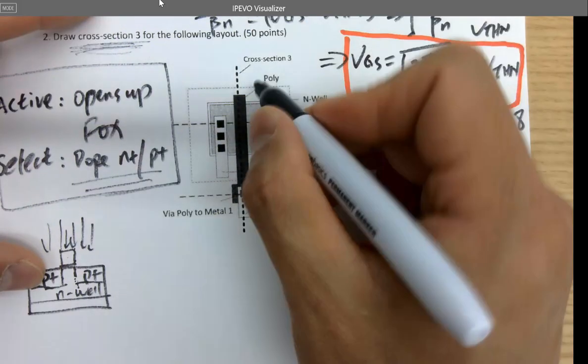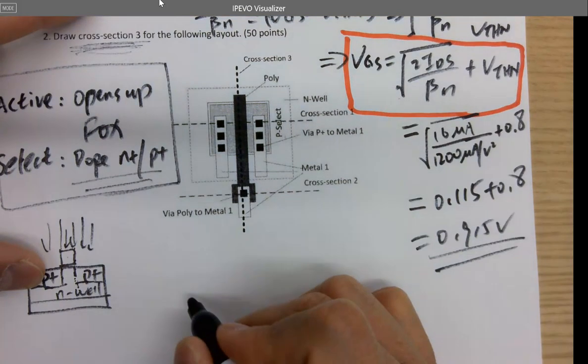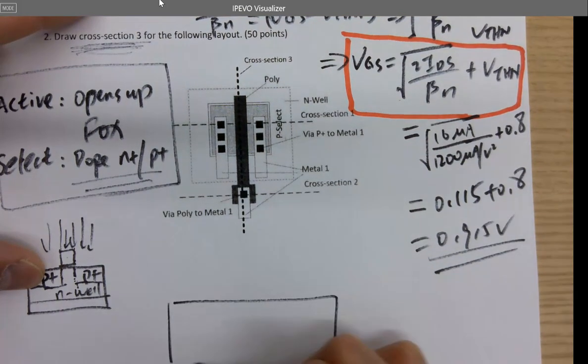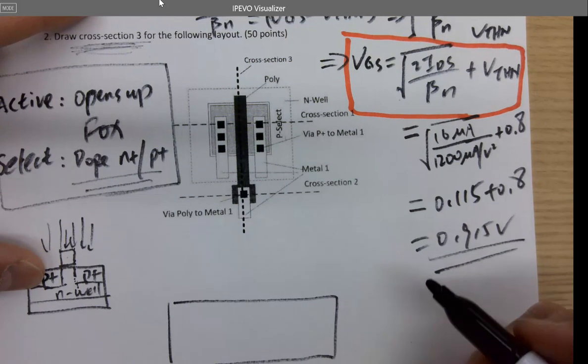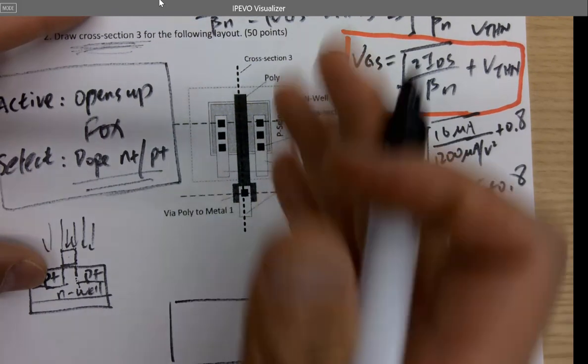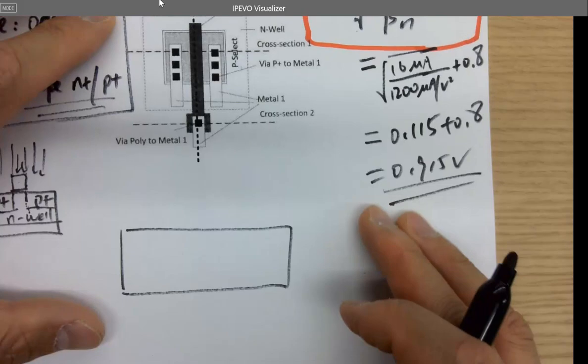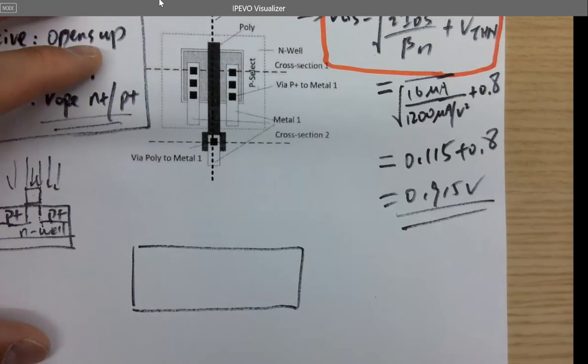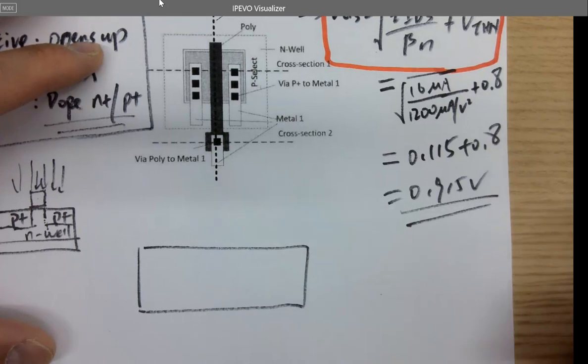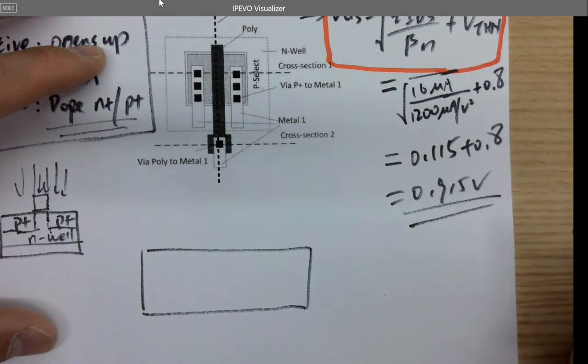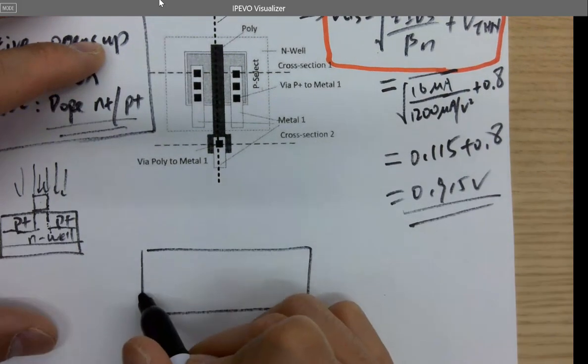So let's draw this cross section 3. We got a substrate first, okay? So we cut it and then we look from the side like this, right? So what's happening is you have N well. Yes, we got N well.